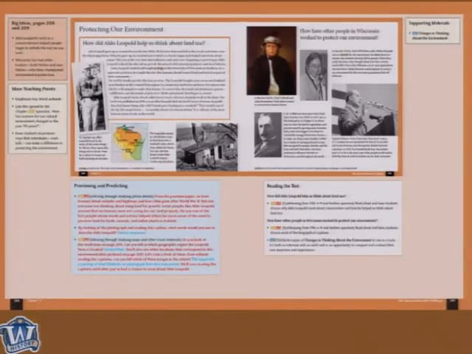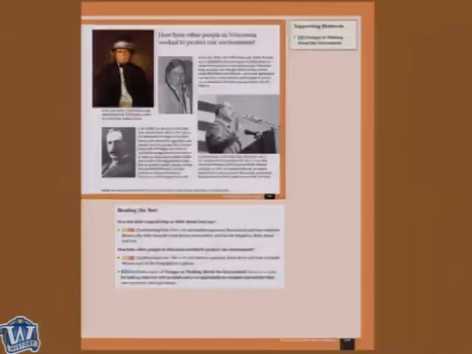So you see here, and this is from Chapter 11, when protecting our environment, we have Aldo Leopold, and we have E.M. Griffith, a forester, and we have Chief Oshkosh from the 19th century, and we have Walt Burchett from the late 20th century, and Gaylord Nelson, all as spokespeople who recognized the importance of safeguarding our natural resources.